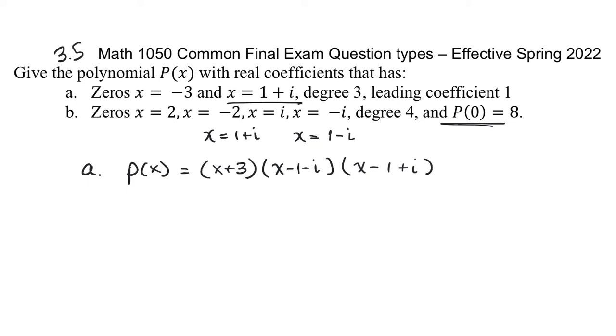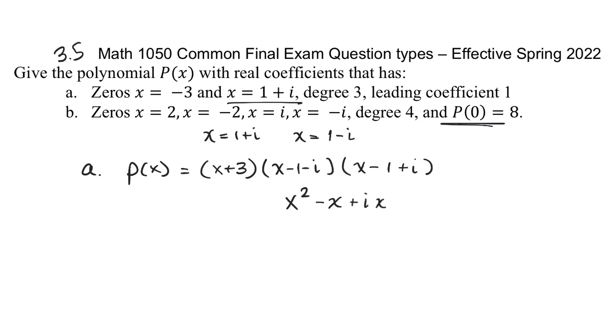So now we get to multiply these together. I would suggest you multiply the two factors that contain the imaginary parts, just using the distributive property. So x times x is x squared, and then x times negative 1 is negative x. Then x times i is ix.